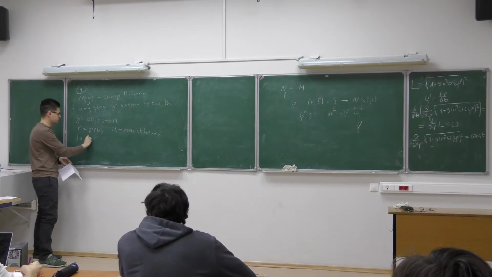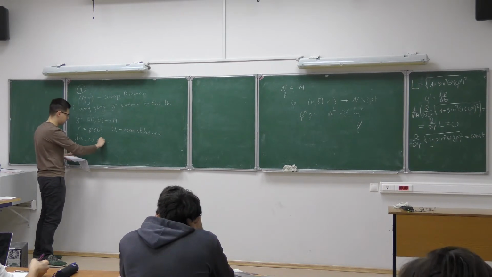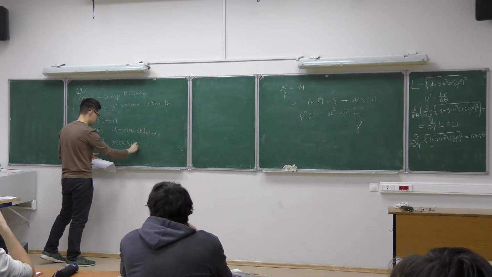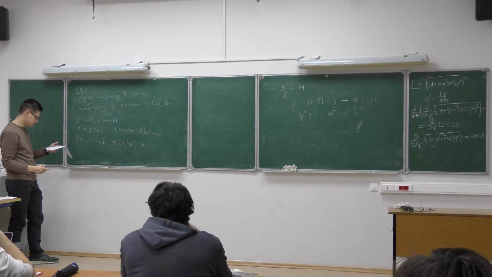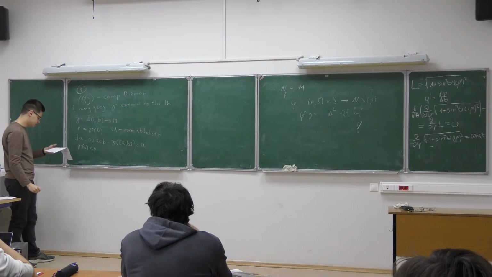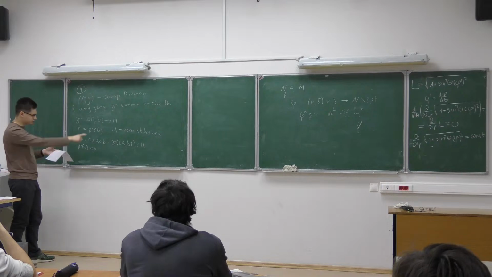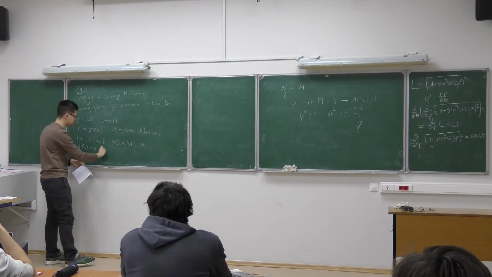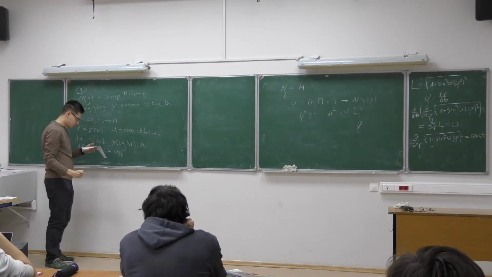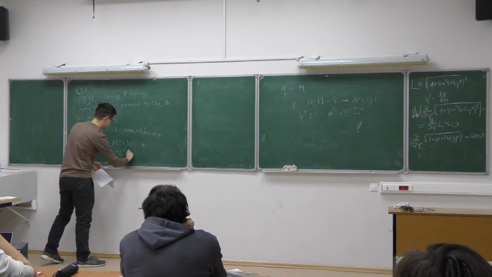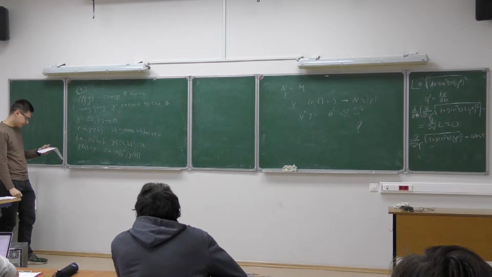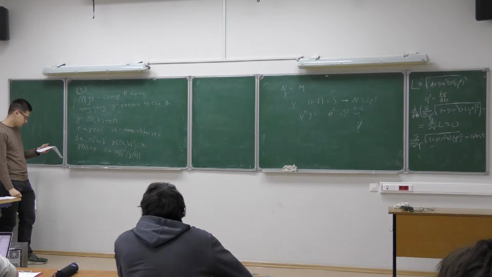We can take A between 0 and B such that the image of the interval from A to B is in U. Let gamma of A be P, and because U is a normal neighborhood, we can say that there exists V, the inverse of the exponential at the point R, of gamma of B. So R is gamma of B.